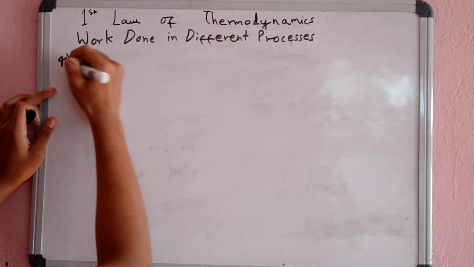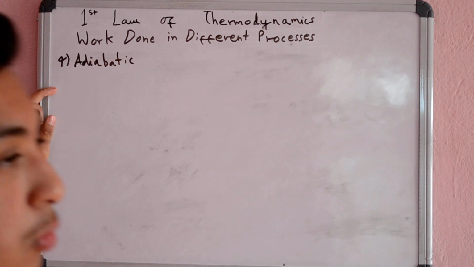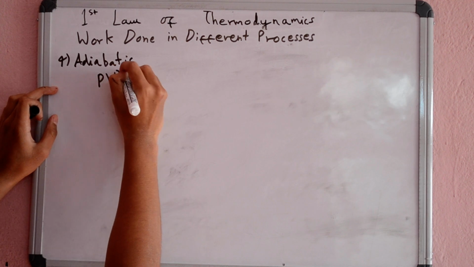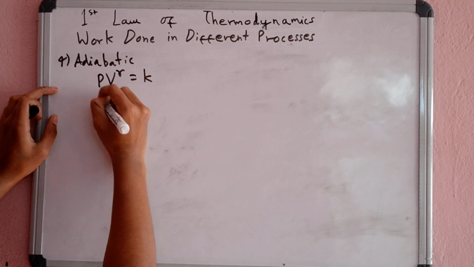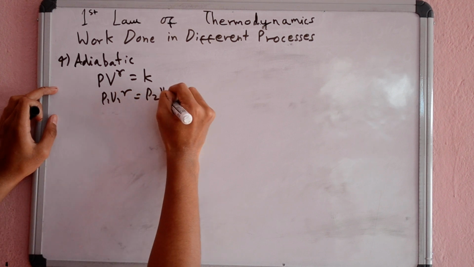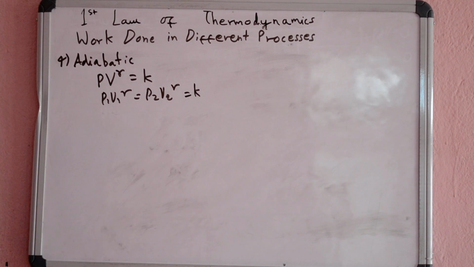Now I'll just write the equation we have learned, which is PV to the power gamma equals constant, meaning P1 V1 gamma equals P2 V2 gamma, which equals the constant.